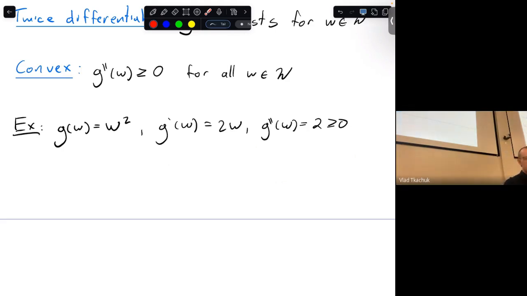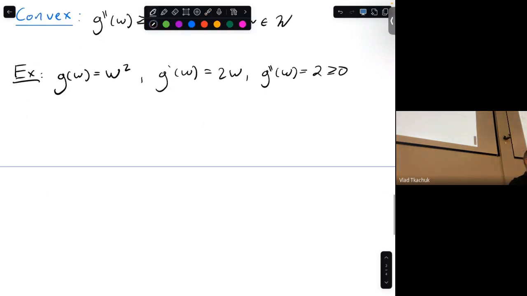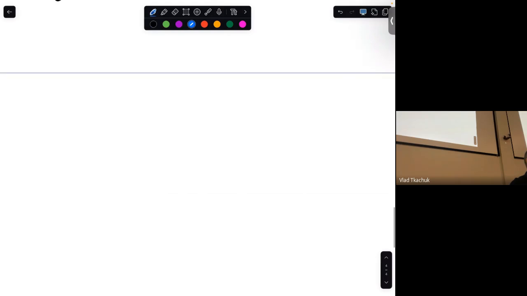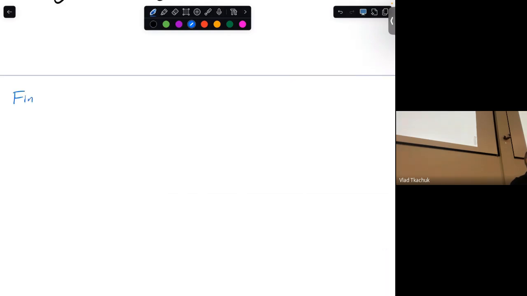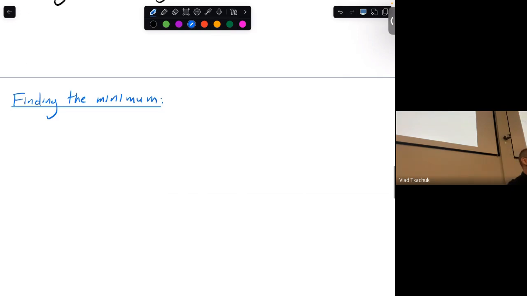Okay. And now how do we find the minimum? Finding the minimum is going to have two cases, and it's once again going to depend on the domain. You've probably seen this in calculus: if you have a bounded domain, you have to check the edges to see if one of those achieves the minimum or maximum.